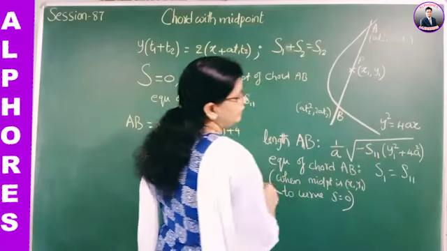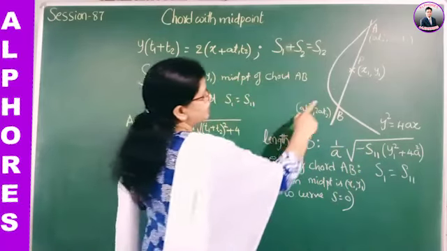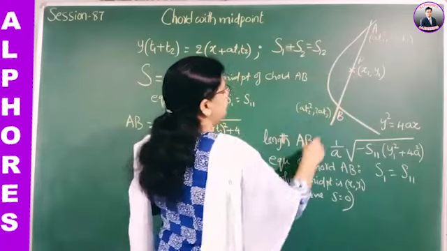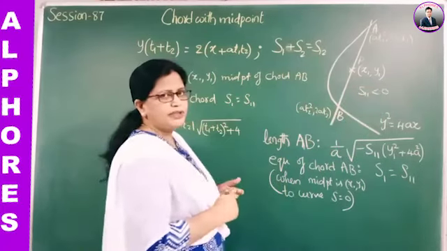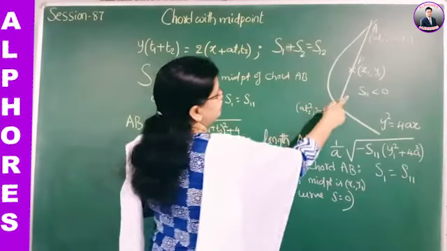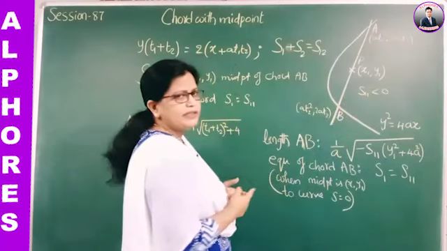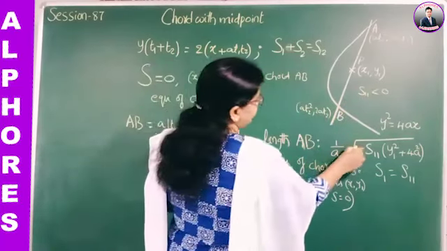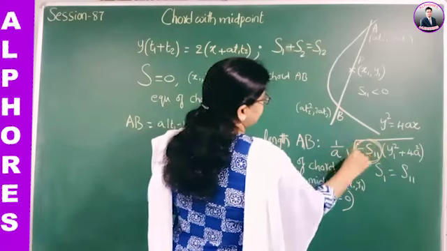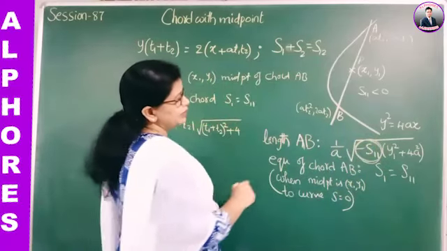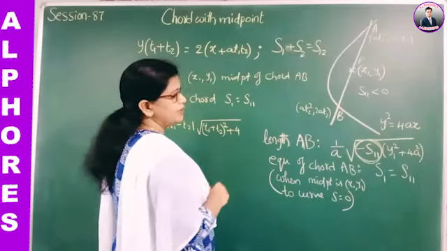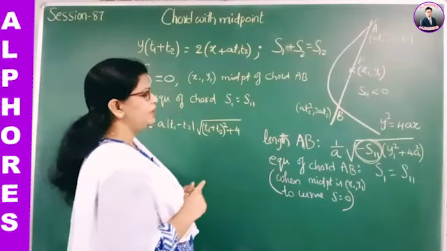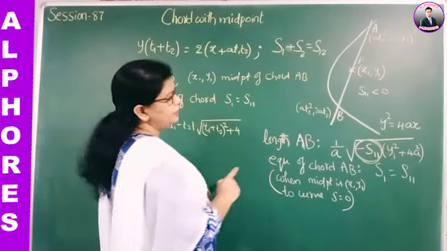Minus S11 does not mean it is negative, because the point is lying inside, so S11 is less than 0, hence minus S11 is greater than 0. So nothing to worry, this value is already positive, and the other value, a sum of squares, is anyhow positive. So this is the length of chord AB when the middle point is given.